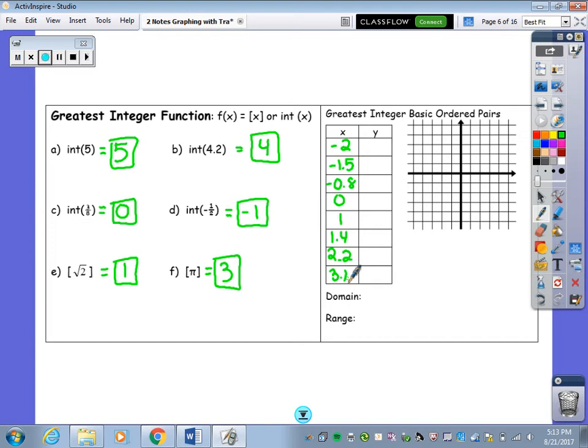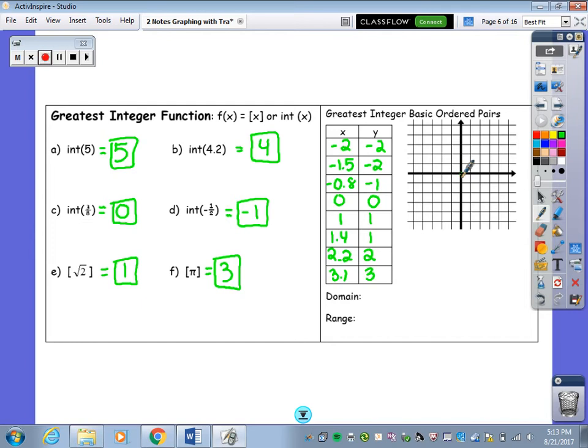You could put any number you want. These are the numbers I chose. So, round this down, negative 2. Round this down, also negative 2. Round this down, negative 1. Round this down, 0. Round this down, 1. Round this down, 1. Round this down, 2. Round this down, 3.